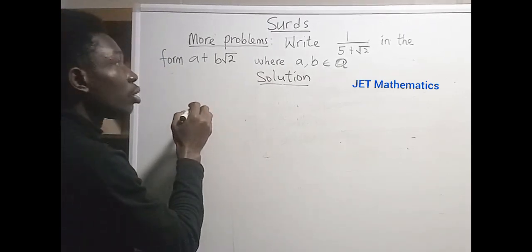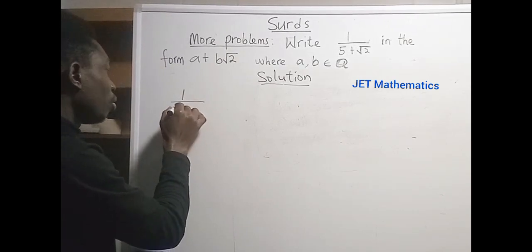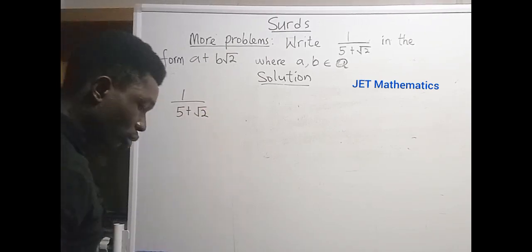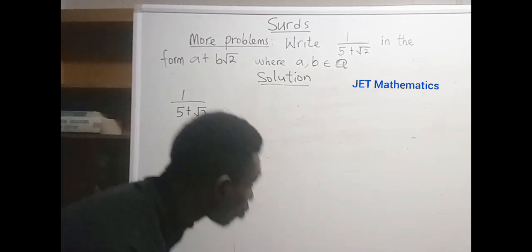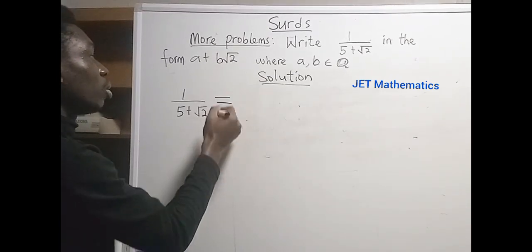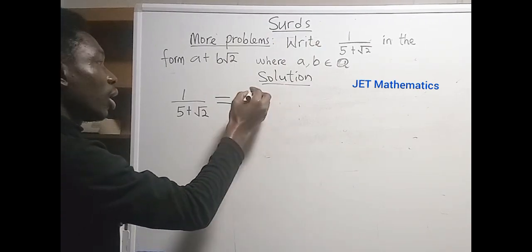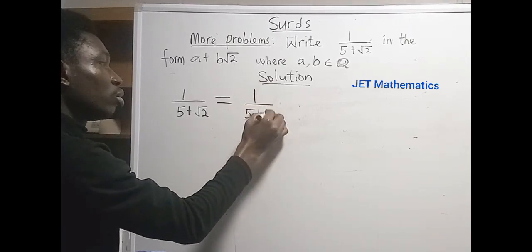So first we have 1 over 5 plus root 2. That's equal to, so we'll rationalize.